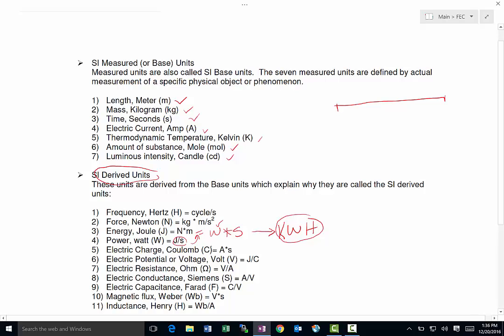Charge is in coulombs, and we'll talk more about that later. Voltage is in volts, which is joule per coulomb. Then resistance is in ohms, and Siemens is 1 over ohm, for conductance. Resistance talks about how hard it is for electrons to move through a material, and conductance is the measure of how easy it is. Farad is for capacitance, Weber is for magnetic flux, and Henry is for inductance.